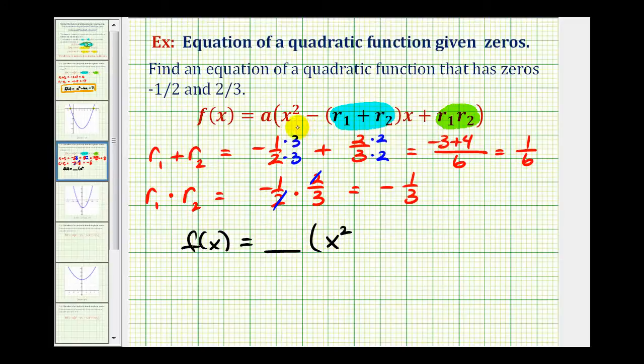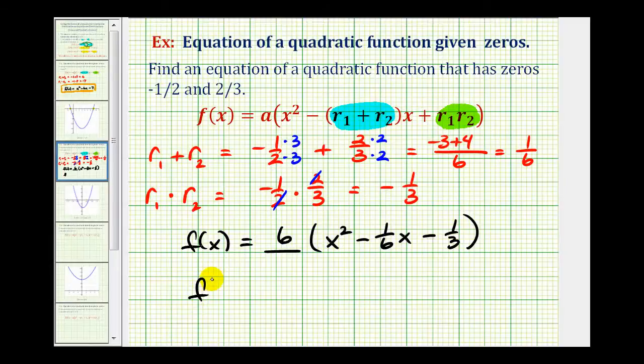Then it's going to be minus the sum of the roots, so minus 1/6 x, and then plus the product, plus -1/3, which we can write as just -1/3. Now again, if we don't want fractional coefficients here, we'd have to multiply through by the least common denominator, which in this case would be 6. So let's let a equal 6, and now we'll distribute.